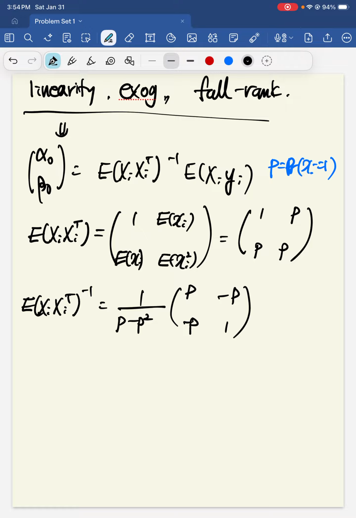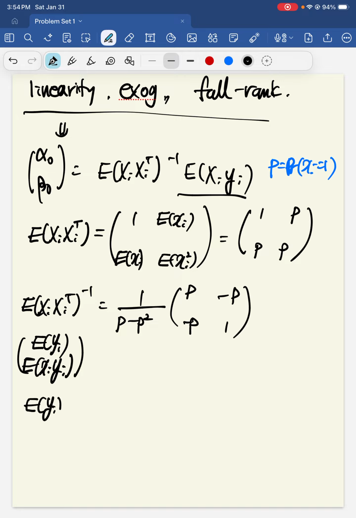Now let's calculate the second part, expectation of x times y. The second part is a vector, including expectation of y and expectation of x y. How can we do that? We are going to rewrite them.